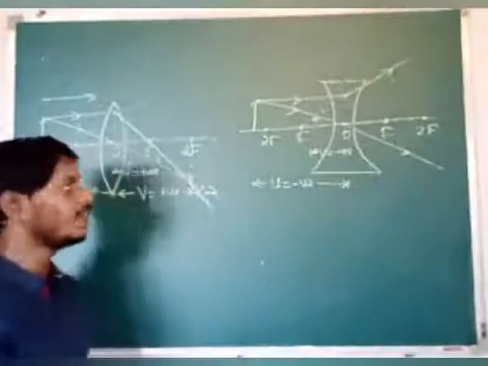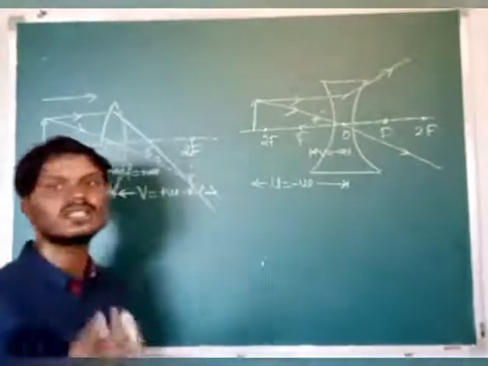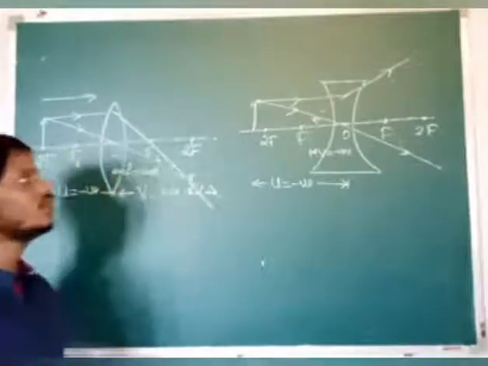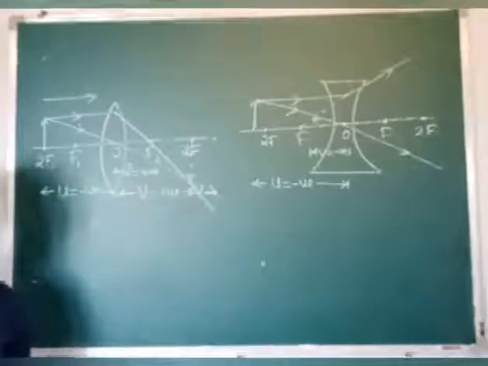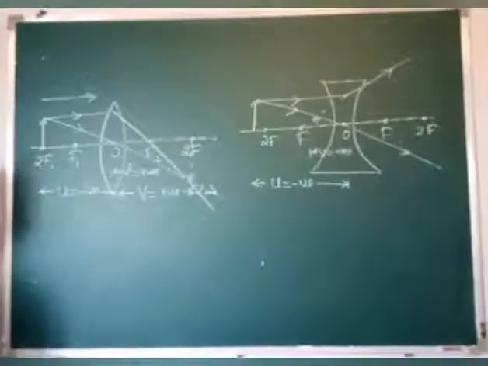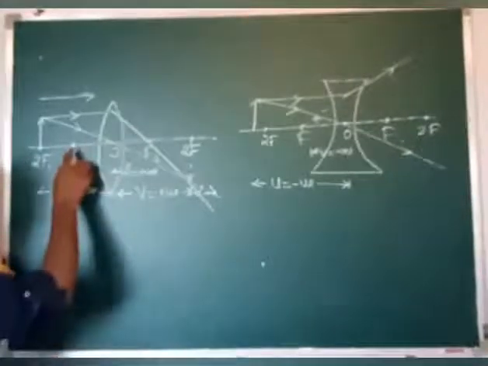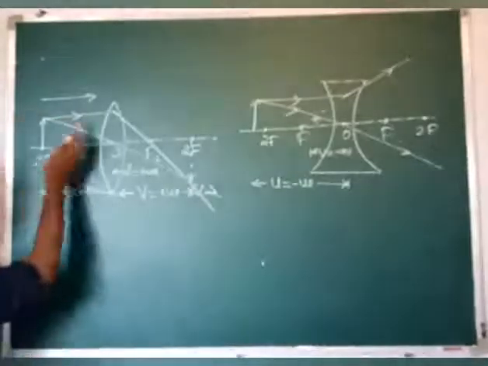Okay. And what about the focal length of the concave lens? Already we discussed that the focal length of the concave lens is always negative. So this is the way to use the Cartesian sign convention. Suppose, in case of a convex lens, the object is in between F1 and O, where its image should be formed beyond the object.